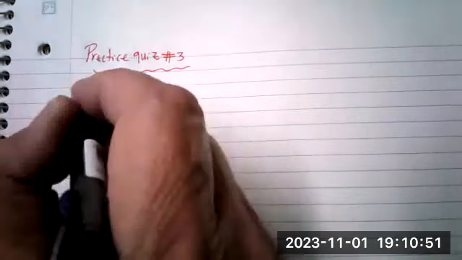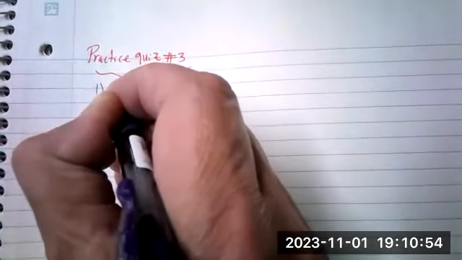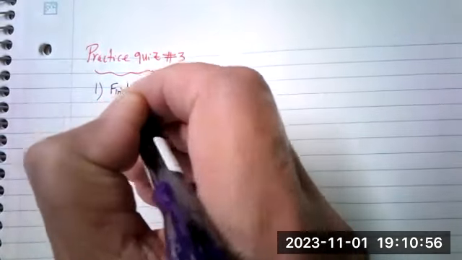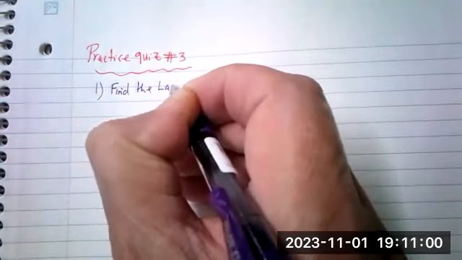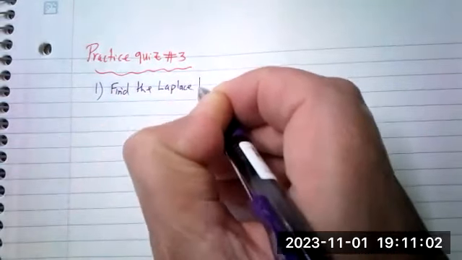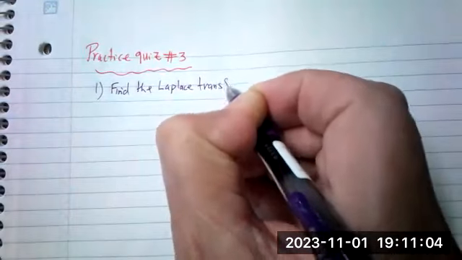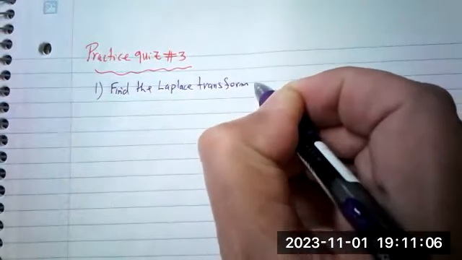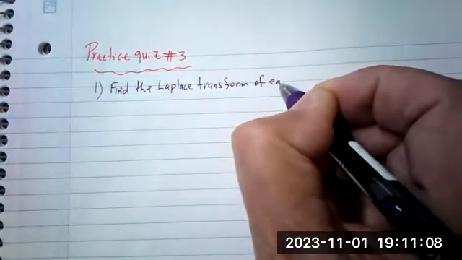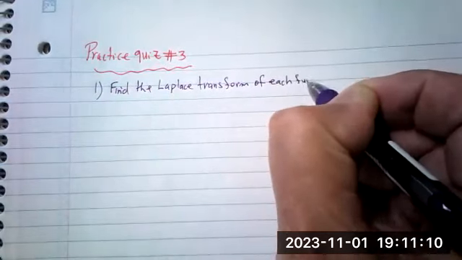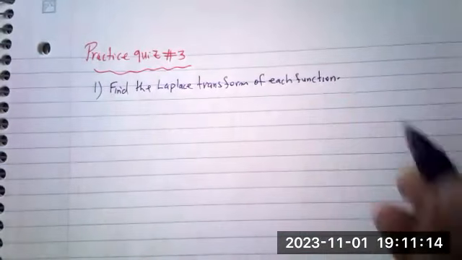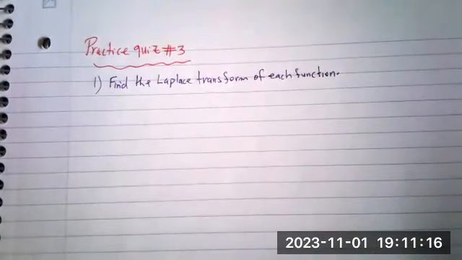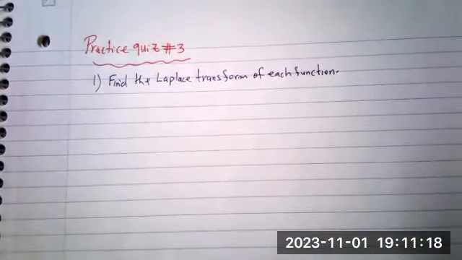So the first one, we want to find the Laplace transform of each function. You can bring your tables if you like, but the ones that we're going to give you are the type where you have to use those theorems that we talked about.